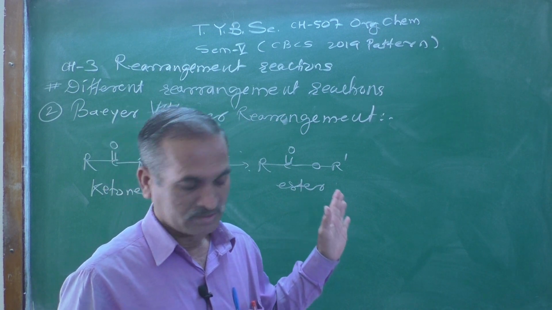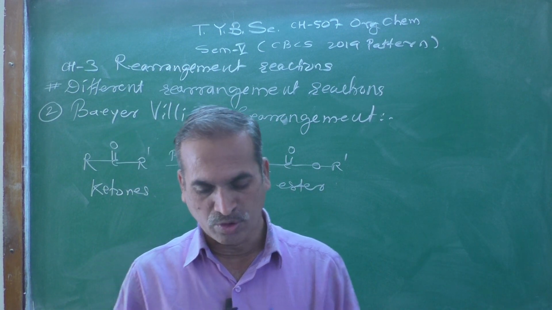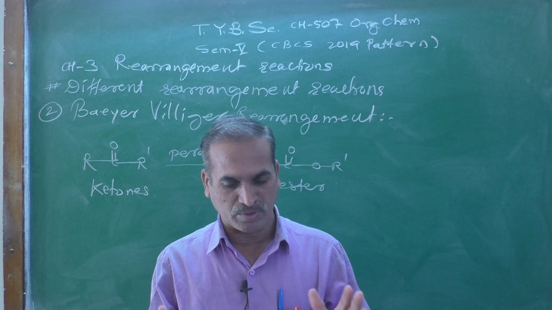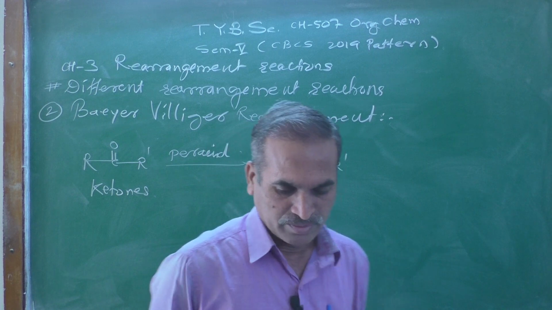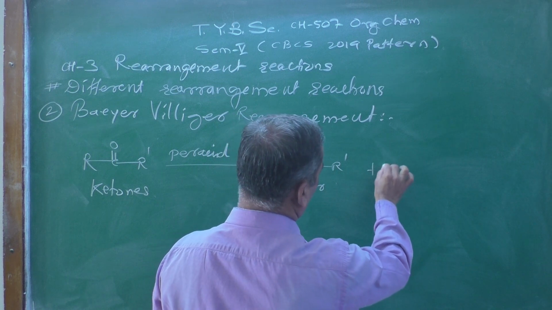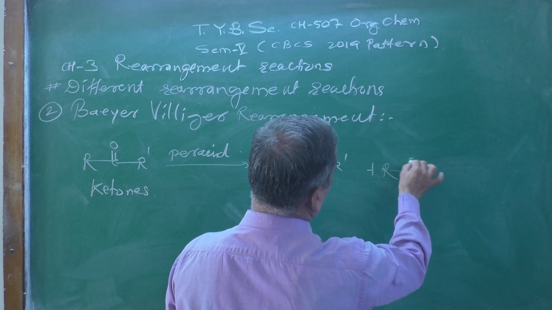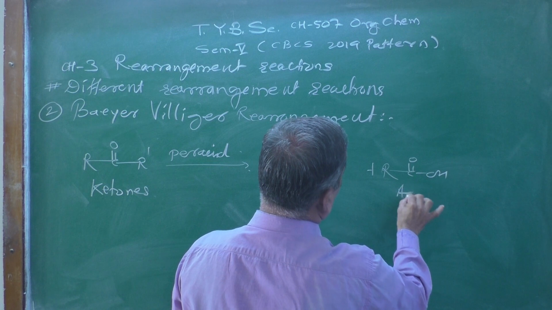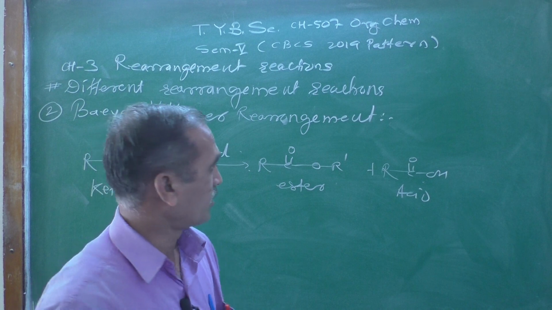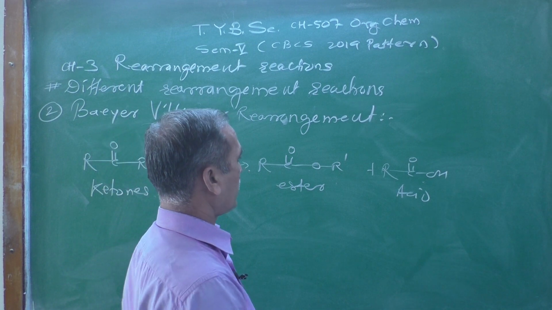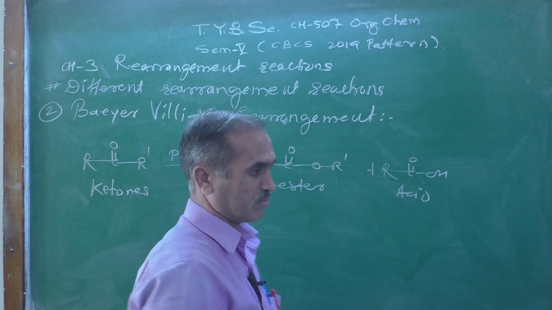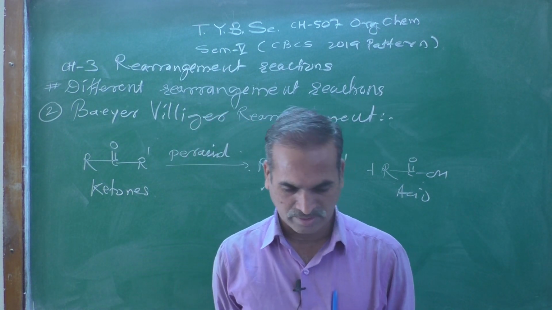That is shown over here on the blackboard. You can look at the blackboard and see how we will get an ester, as well as the side product formed, which will be RC double bond OH, an acid. So don't think about the acid; the main product which we are getting is an ester.